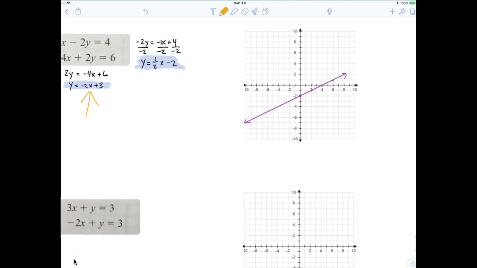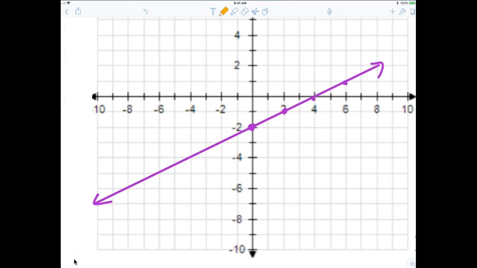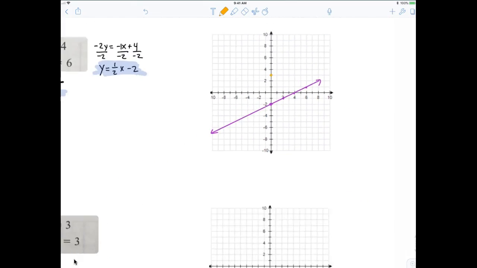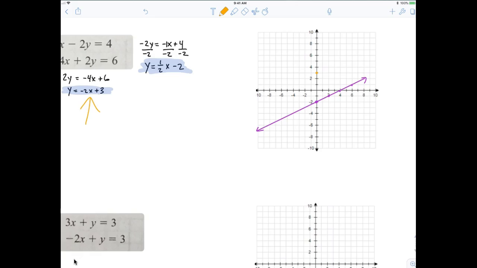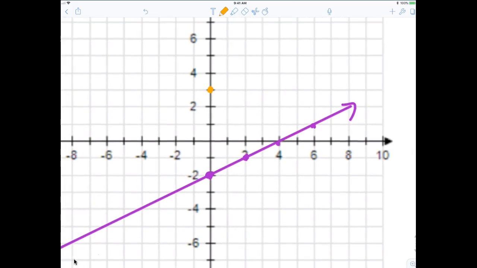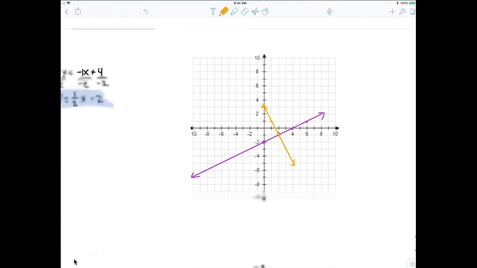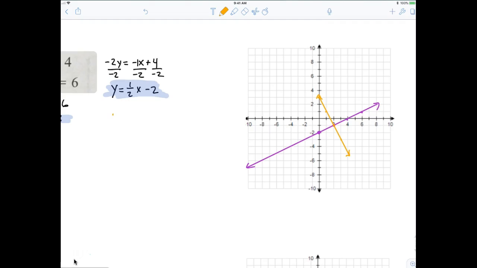Perfect. So I'm going to go up 3, plot a point. Now what, girl? Very good. Thank you. Down 2 to the right 1. And I'm going to go down 2 to the right 1. And did I figure out what the answer was? Yes. Because it intersected, right? So the answer would be what? 2 comma negative 1. Yes.